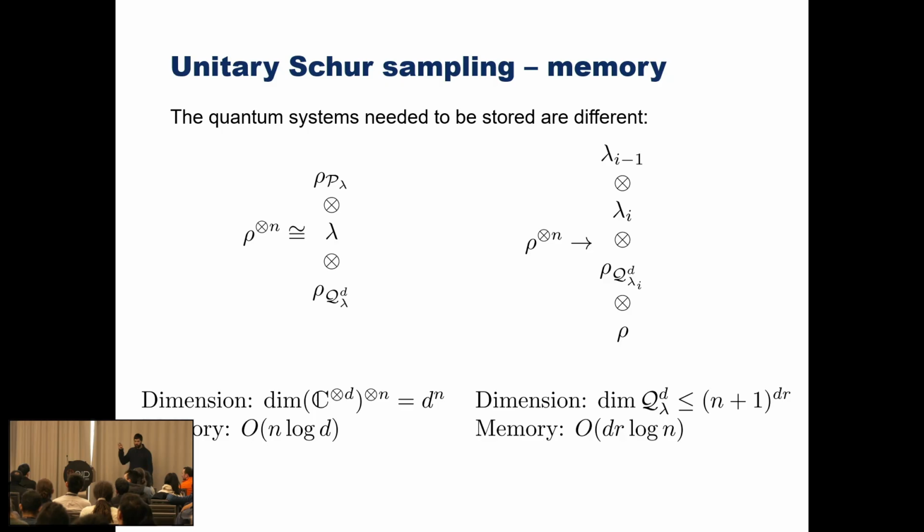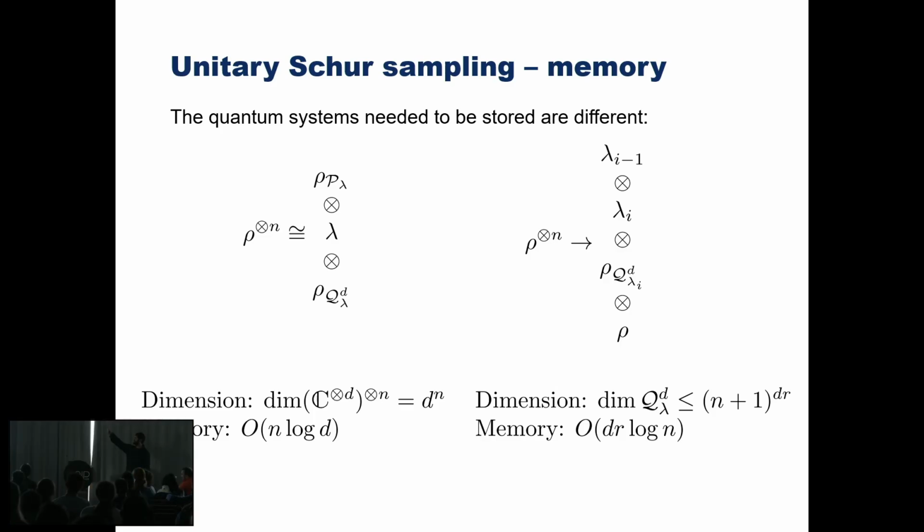And if you look at the memory, you see indeed that before I had to store this whole Hilbert space, C^d to the tensor n. And this takes memory n log d. Now I have to store the previous label, the new label, the state row, and the state on the irrep. And basically only the state on the irrep matters. The other stuff is easy to store.